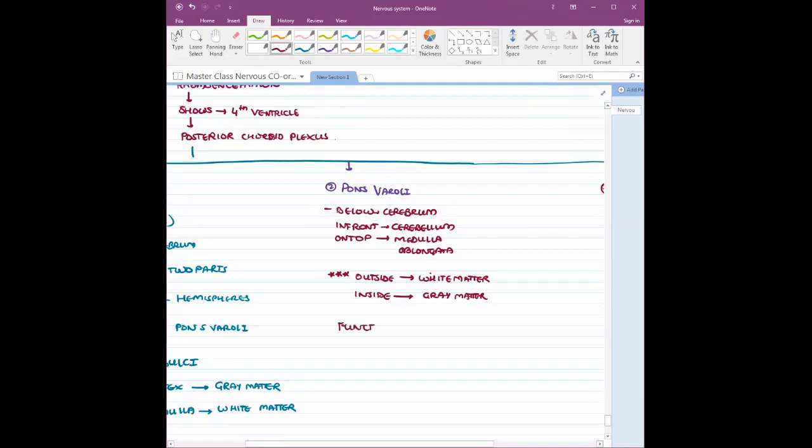And now if we talk about the functions, guys, let's try to say what are the functions of pons varoli. First of all, this is the one which is going to connect your cerebrum, cerebellum to the medulla oblongata.